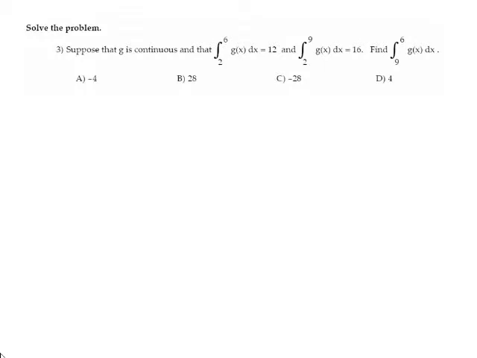Problem 3, you have information about two integrals, and we want to find the value of a third integral. You're given that the integral from 2 to 6 of g of x dx equals 12, and the integral from 2 to 9 of g of x dx equals 16.